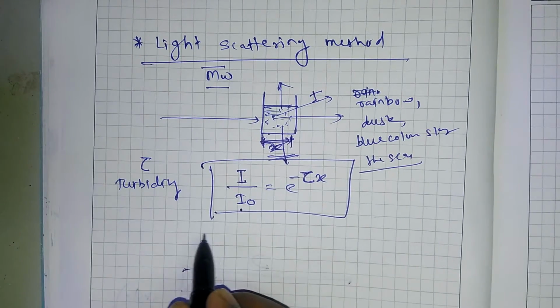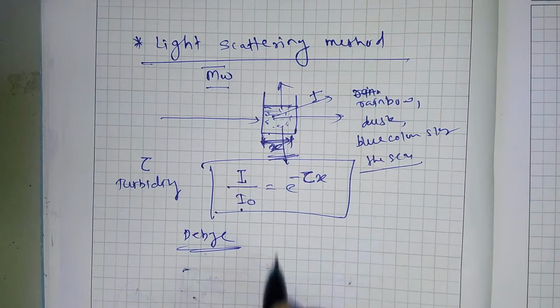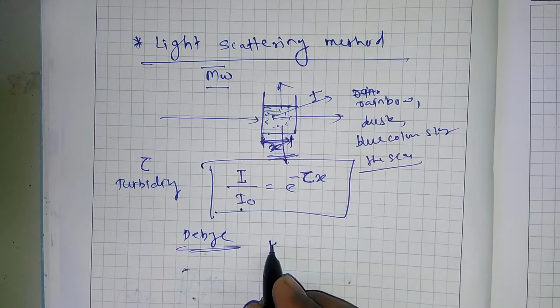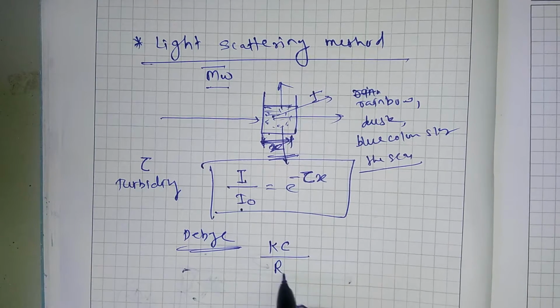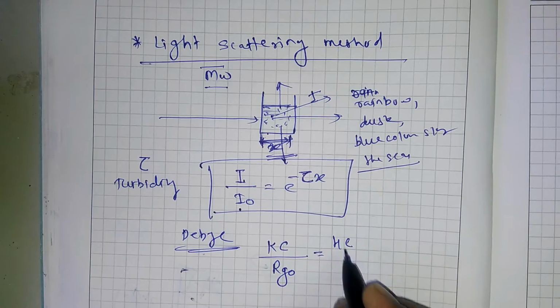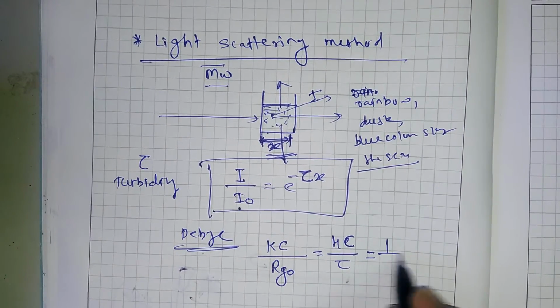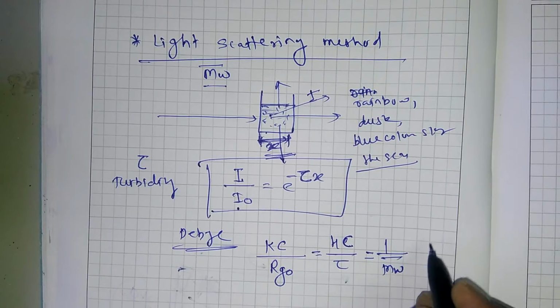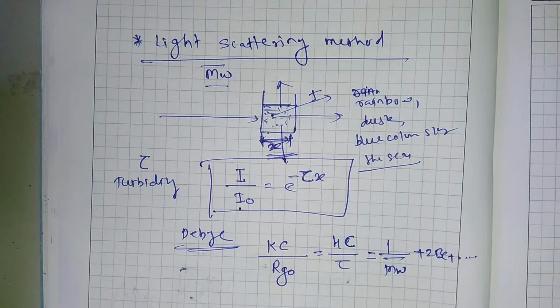So according to the Debye equation, the molecular weight of the polymer sample can be calculated as Hc divided by tau is equal to 1 by Mw plus 2Bc plus dash dash dash, like this.